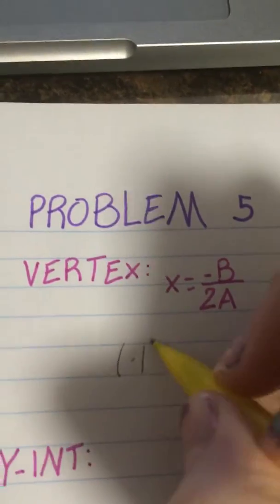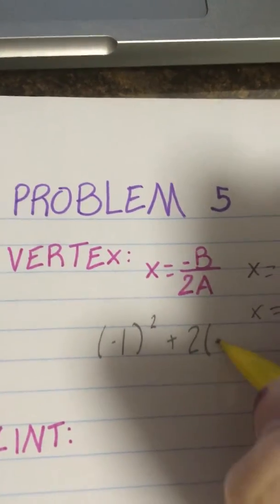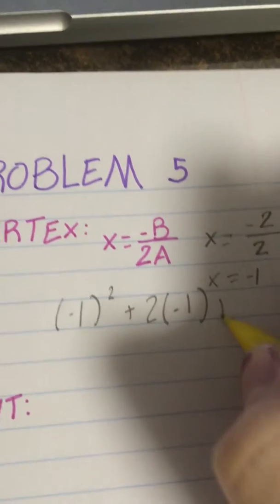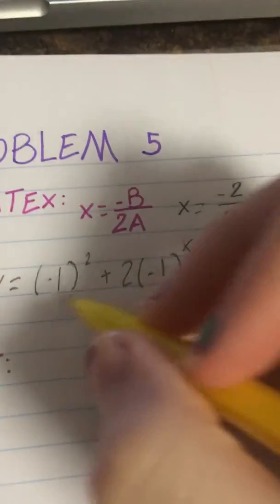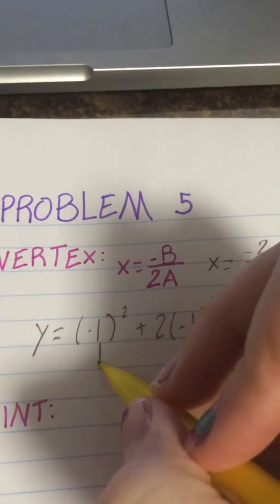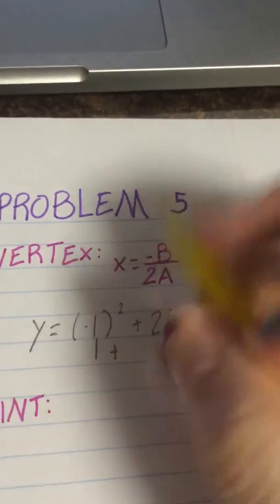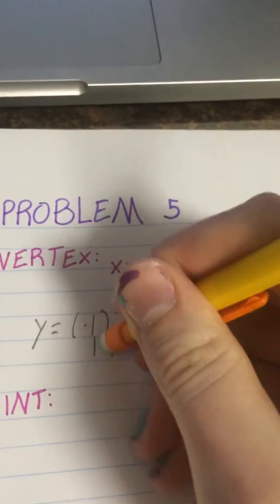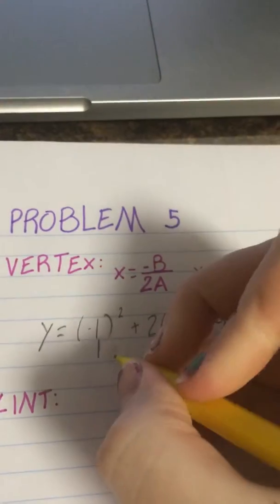So negative 1 squared plus 2 times negative 1 plus 4. Okay, so negative 1 squared is 1. I guess it's going to be minus, because 2 times negative 1 is negative 2.